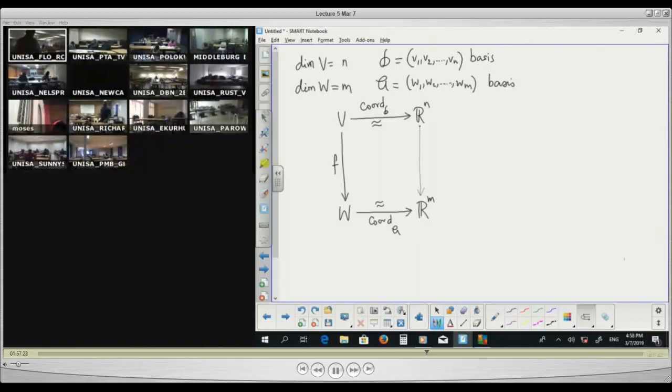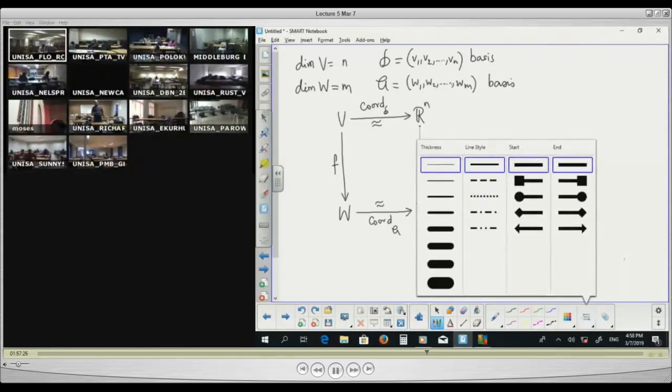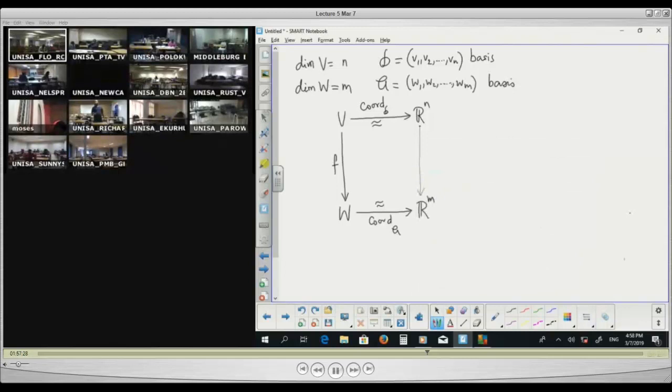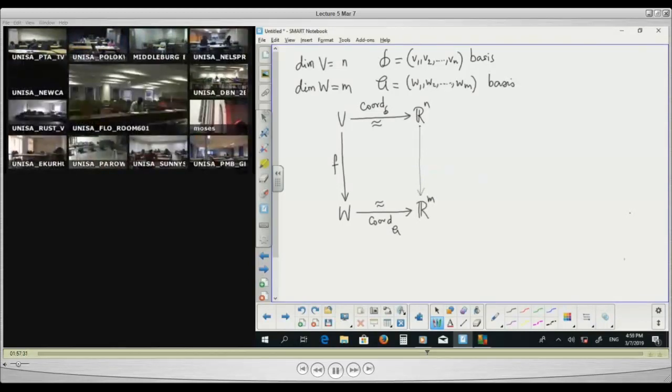Now, members of R^n. So if I have a member from R^n, I will alternatively also, instead of writing like this, when I like to consider this X as a vector, I'll consider this as a column vector. That means as an n cross 1 matrix. Okay? So that's my understanding.